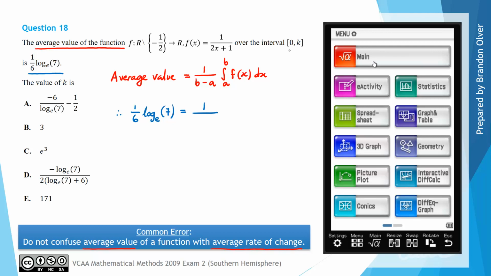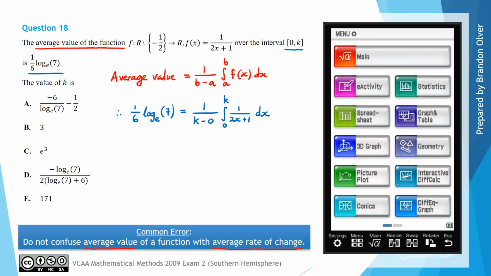In this case, our interval is 0 to k. So we're going to do k subtract 0 times the integral between 0 and k for the function, which is 1 divided by 2x plus 1, and we're going to integrate that with respect to x. And this is actually something we can solve now on our CAS calculator.